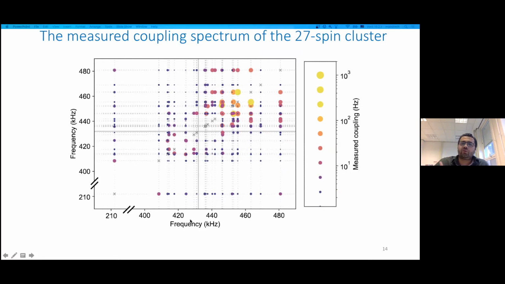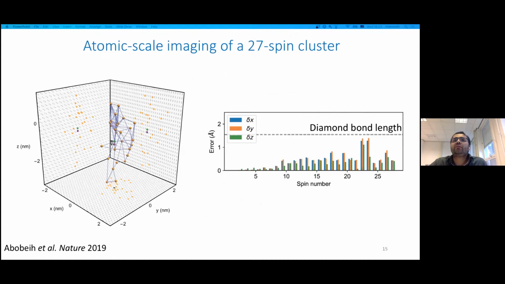After that, we took this coupling matrix and transformed it into a 3D image of the system, and this is what we got. We were able to locate each of these 27 nuclear spins with atomic scale resolution. The uncertainty in the position is below 1 angstrom, or the diamond bond length.